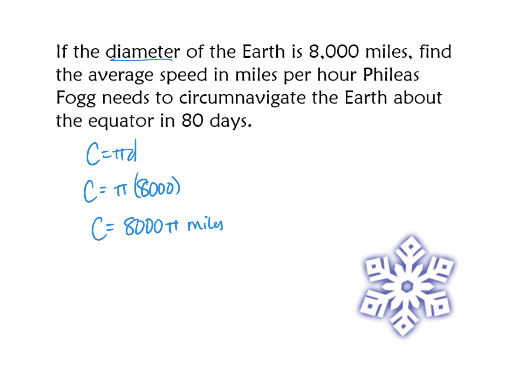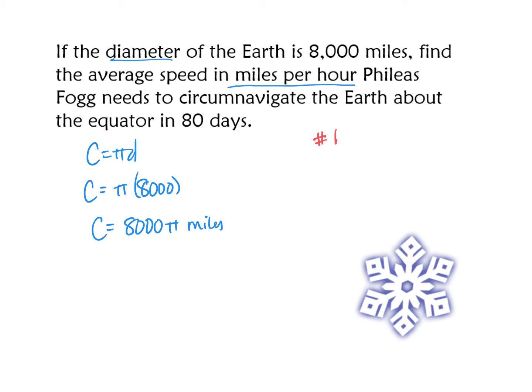Okay, now we want to know the average speed in miles per hour that he would need to travel. All right, so we have our miles. We need to divide by the number of hours. Okay, so miles per hour, per means to divide. So we need to figure out how many hours there are in 80 days.